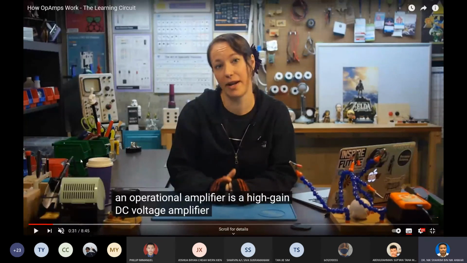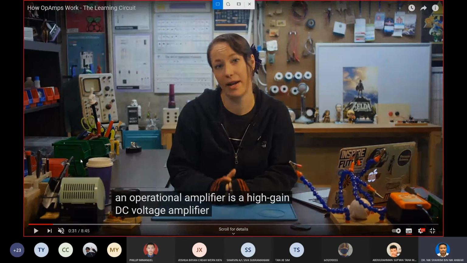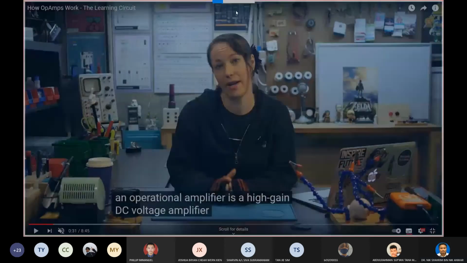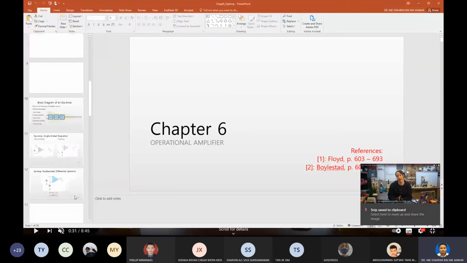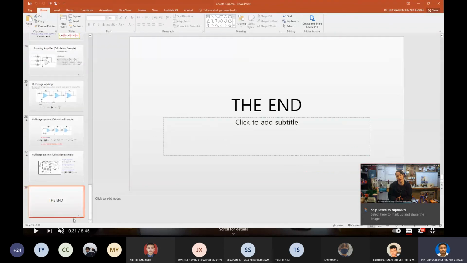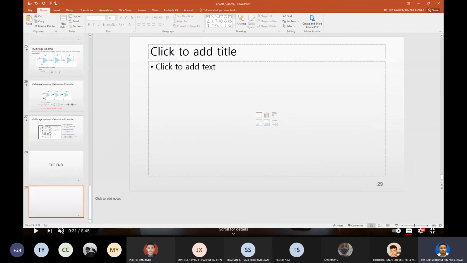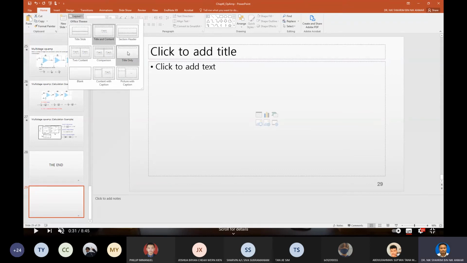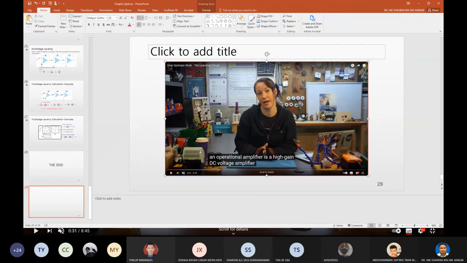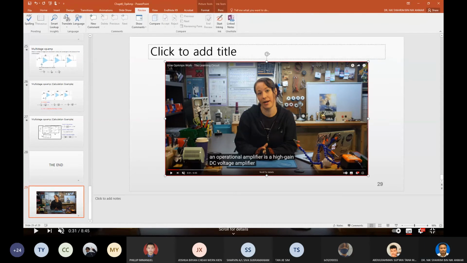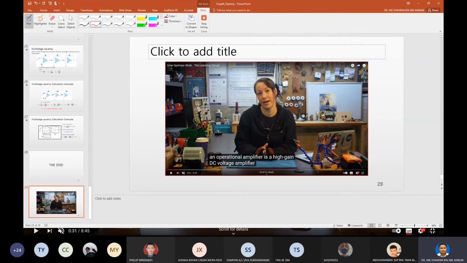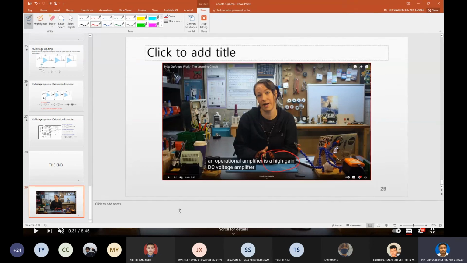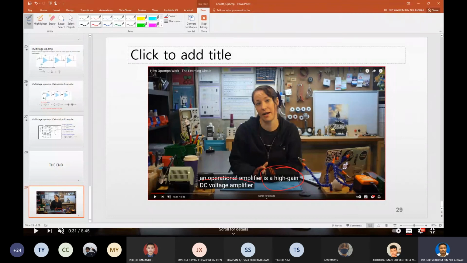Okay, so this is a very important statement here. What the lady has just made, I will print screen and put in as an additional slide, is that an op-amp is a high gain DC voltage amplifier.